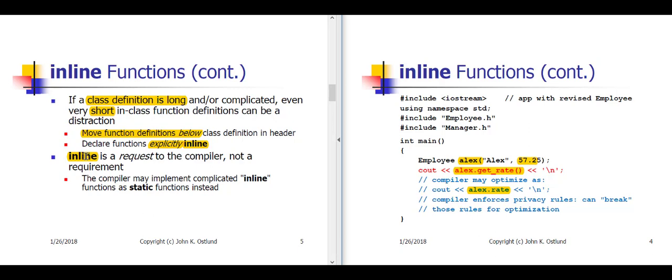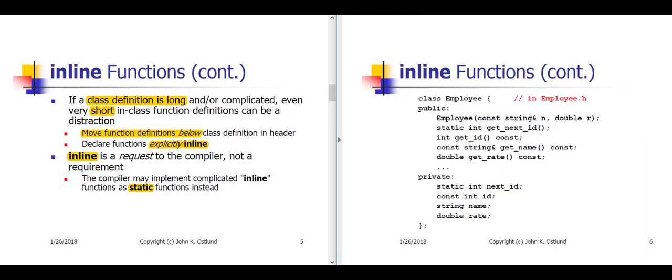If the function is long and complicated or recursive or is simply too difficult for the compiler to figure out how to expand inline, the compiler will instead implement the function as static, that is, as a file local function which eliminates the problem you would otherwise have from having this function defined multiple times in multiple files. But then you will still have the function call overhead when you call such a function.